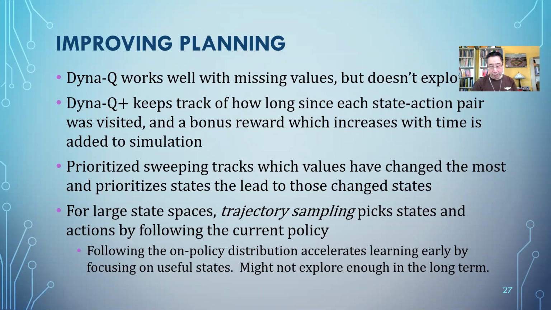And how you do that is very simple. You literally just follow the policy and simulate trajectories. So it's not just picking random single actions, but from that action, you pick whatever new state it winds up in, and that's the one that you then update next. And then you do this until you get to the end of an episode.